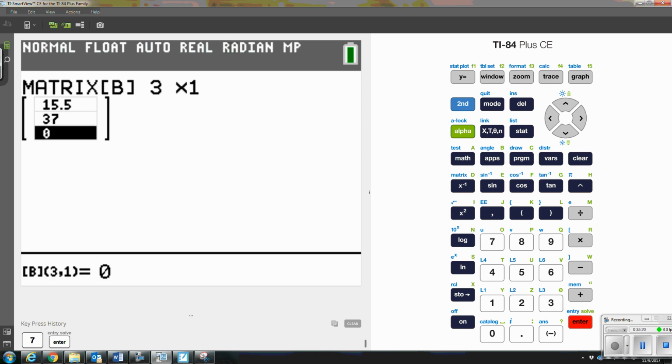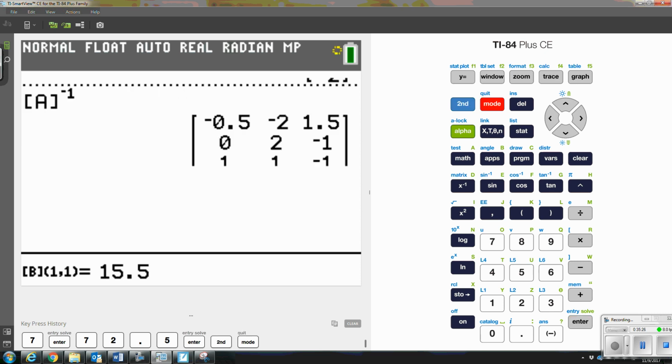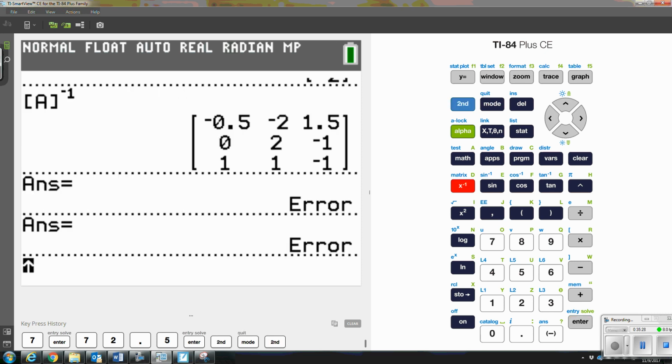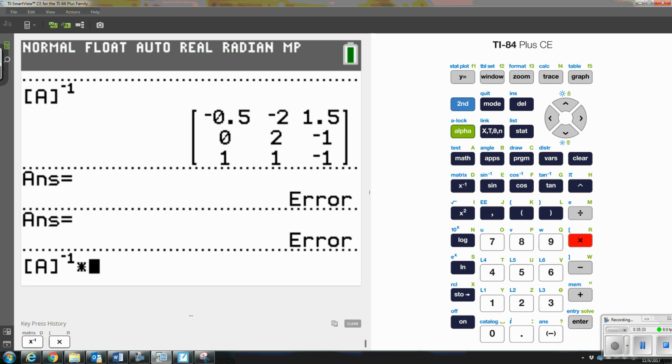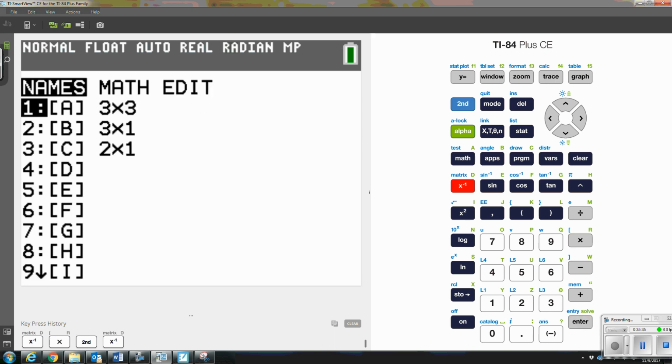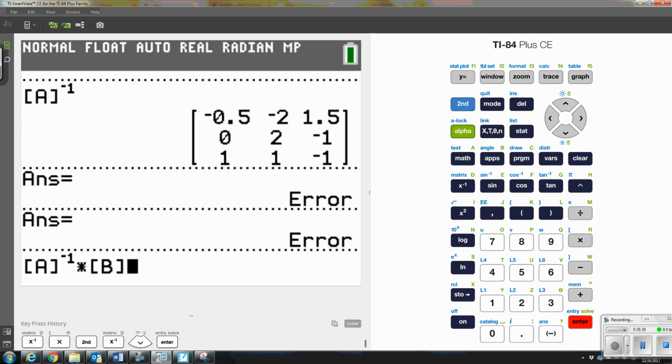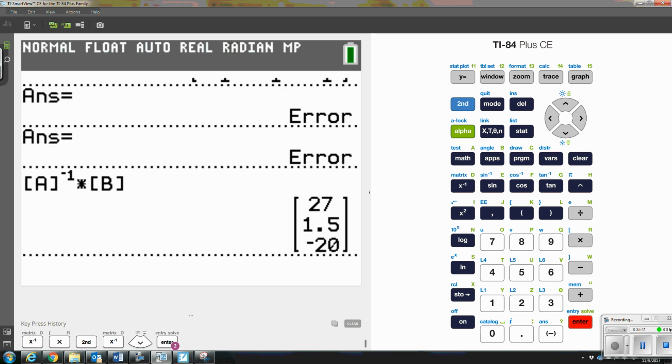And it's 72.50. Okay, and then put it over there. And then we want to take the inverse of A times matrix B. And this is going to give us our cost.